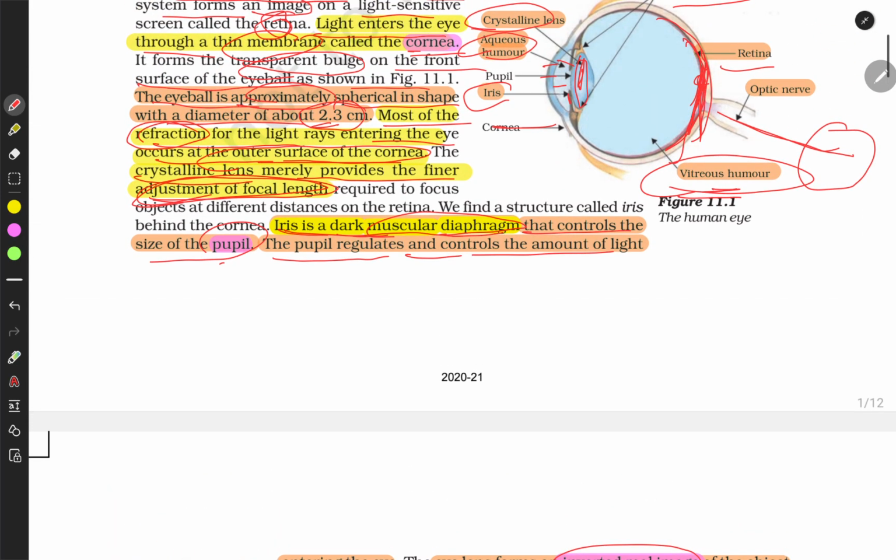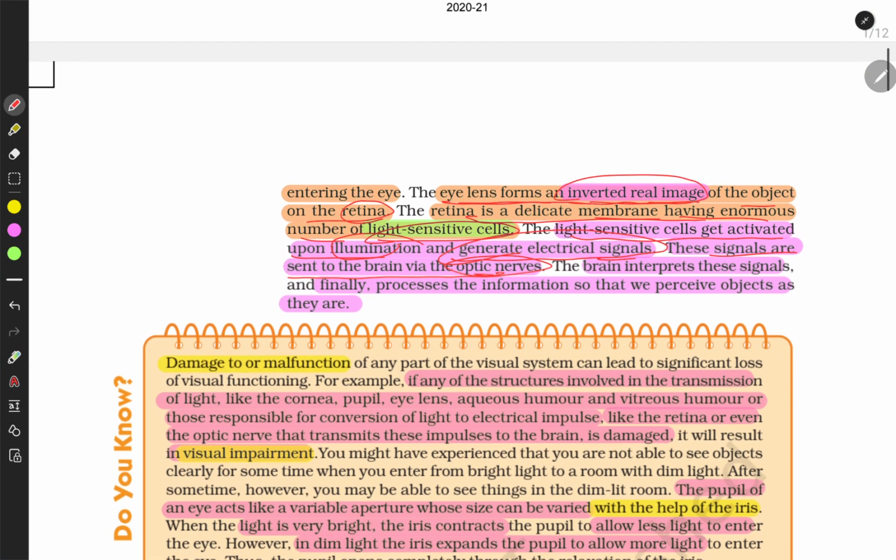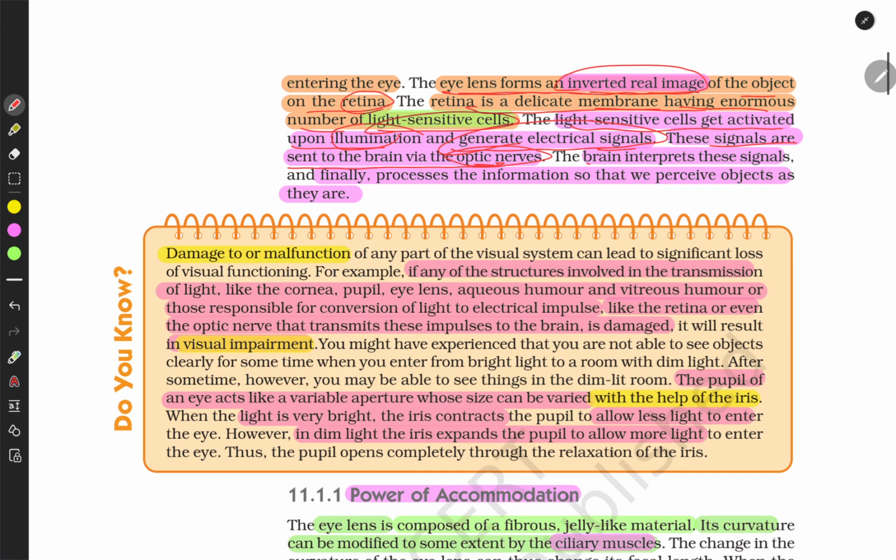So when these cells are stimulated, they send optic signals, and these signals travel through the optic nerve to the brain, and the brain interprets the image. The brain interprets these signals and finally processes the information so that we perceive the object as it is.